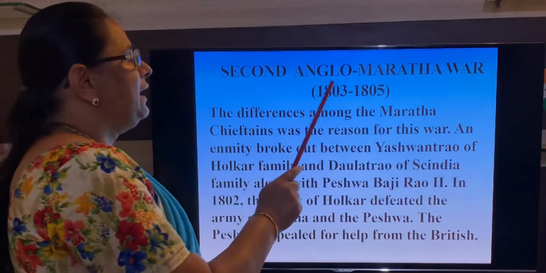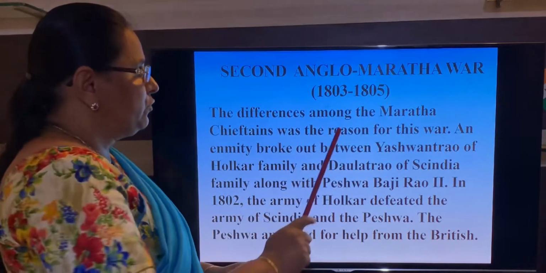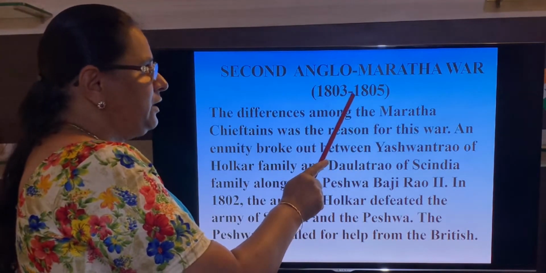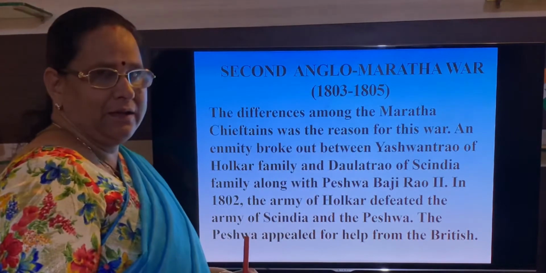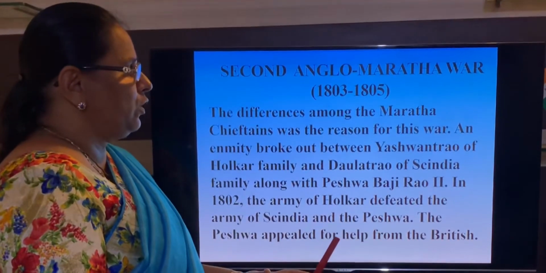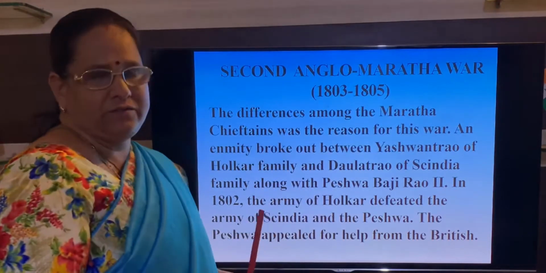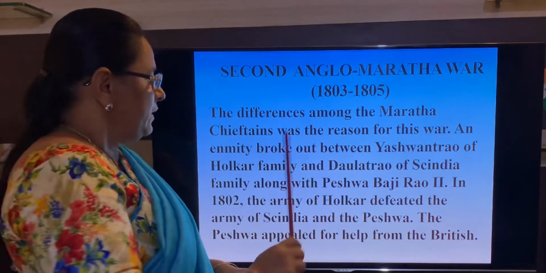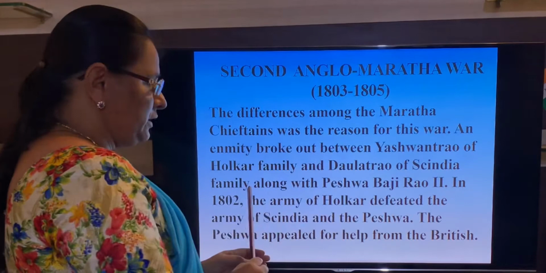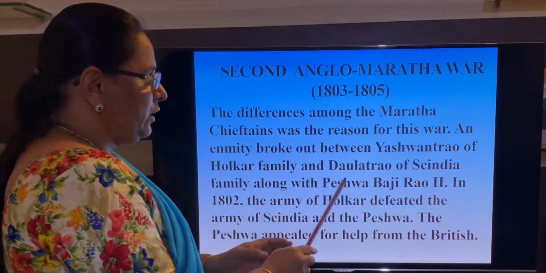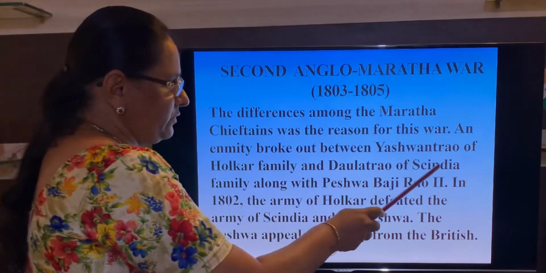The second Anglo-Maratha War was fought in the years 1803 to 1805. The main reason for the war was the difference among the Maratha chieftains. Yashwantrao of Holkar declared a war against Daulat Rao of Scindia.